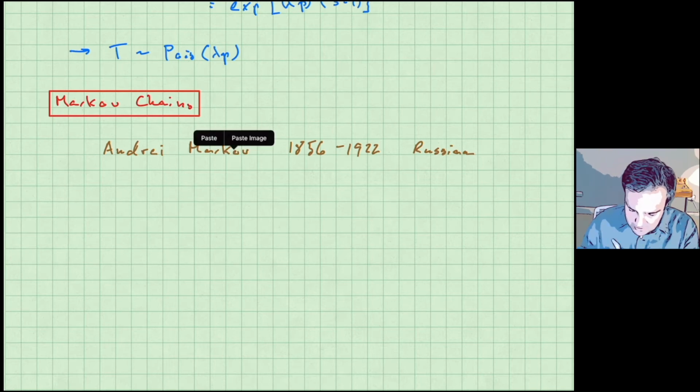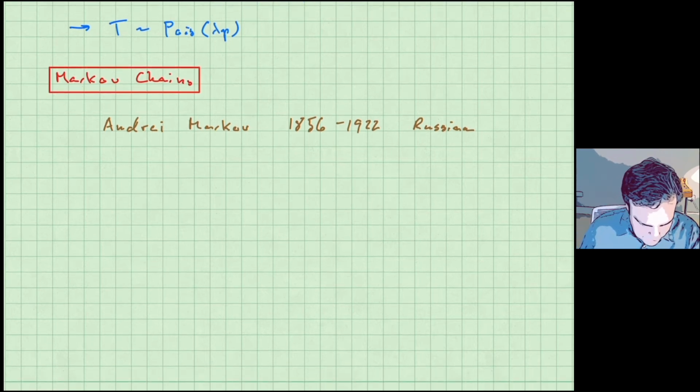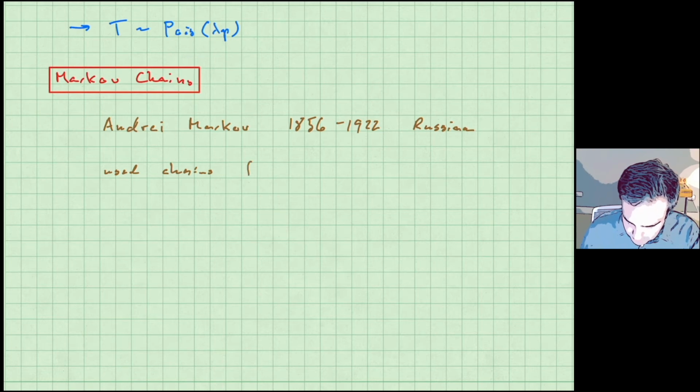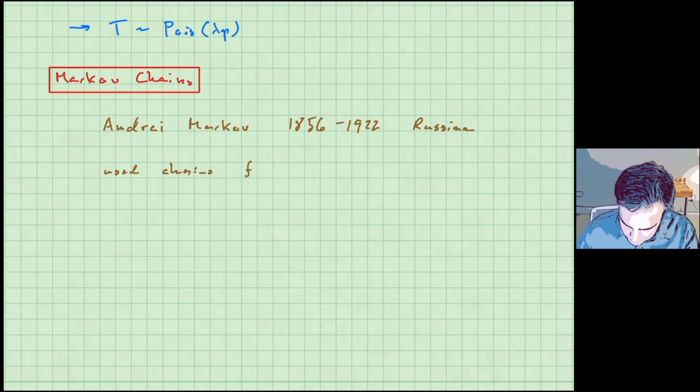And I believe he definitely used Markov chains, or used chains for a particular problem, but I think this is the origin of them. So he used these chains for modeling the occurrences of consonants and vowels in some corpus of literature.